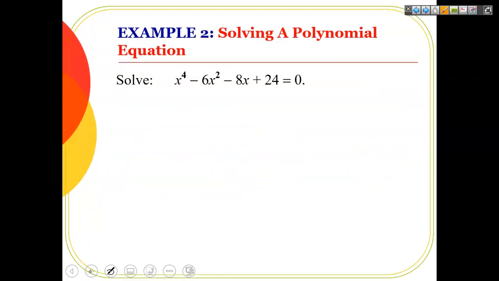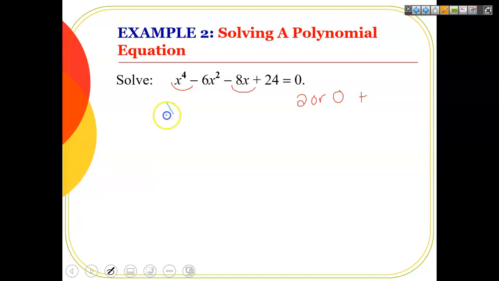So the last example is solving that polynomial. So again, solving will be set equal to 0. We have a quartic. That means I have 4 potential zeros. If you look at your sign changes, I have 1, 2. So that means I have 2 or 0 positive.